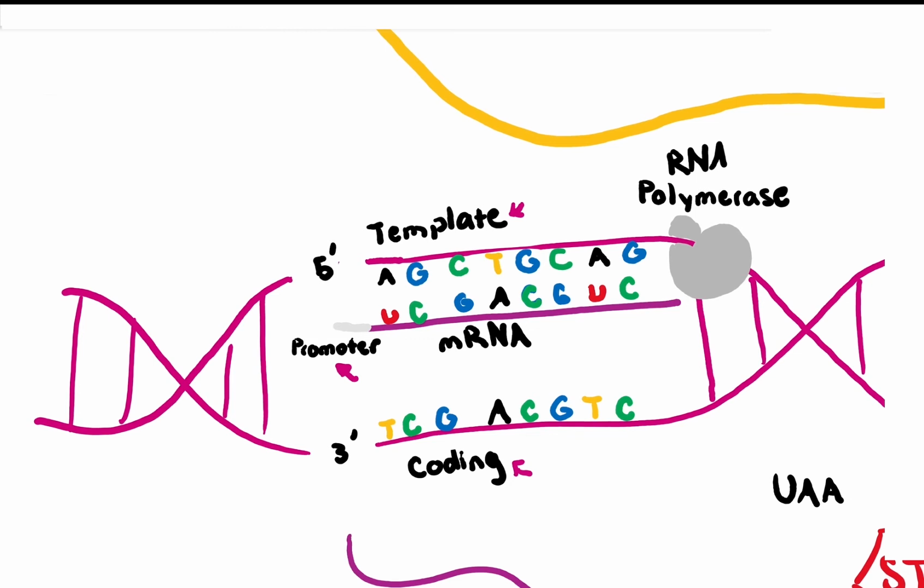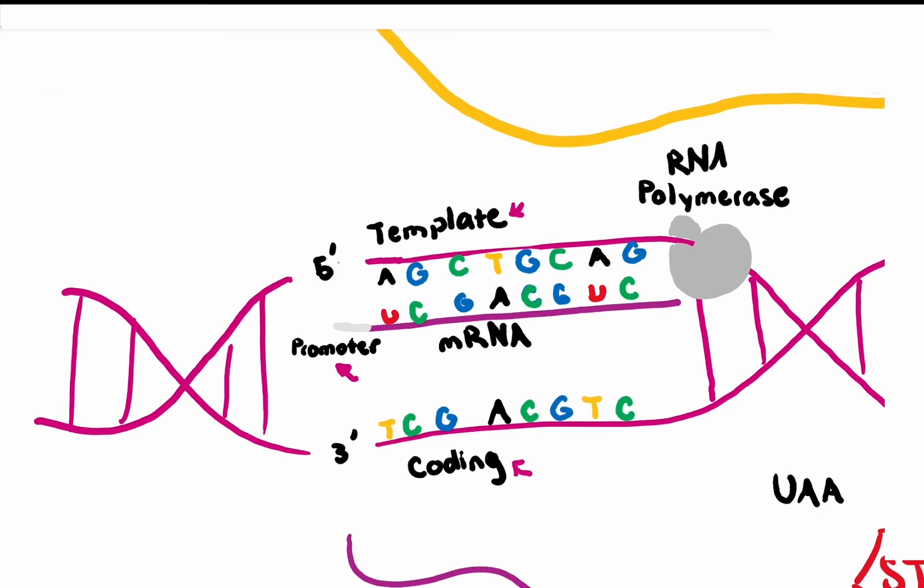The base pairs in your mRNA strand are more similar to your coding strand, because your template strand is only there as a template, as a pair of the coding strand. It allows the RNA polymerase to code for the coding strand in the mRNA. So the code for these proteins is actually contained in the coding strand. I just want to make that clear.